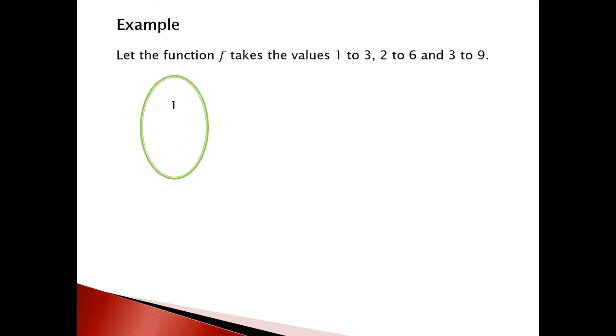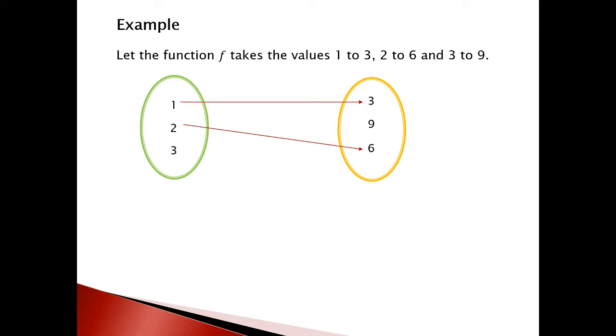Let's move to a simple example where you can understand the definition of an inverse of a function. Let the function f take the values 1 to 3, 2 to 6 and 3 to 9. That is, if we input 1, 2 and 3, this function will give out 3, 6 and 9.